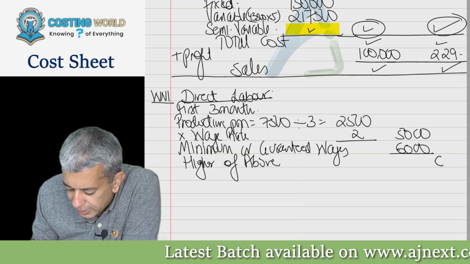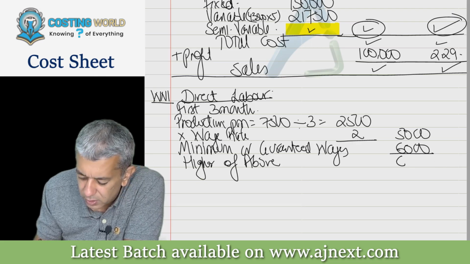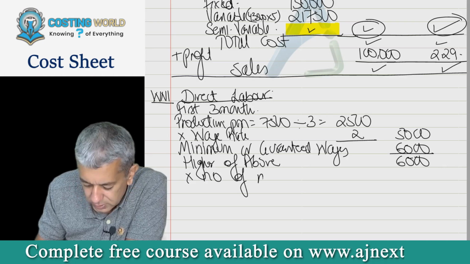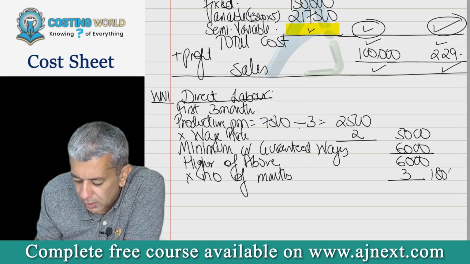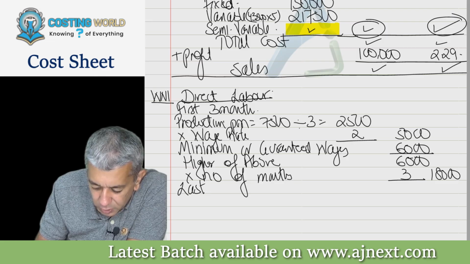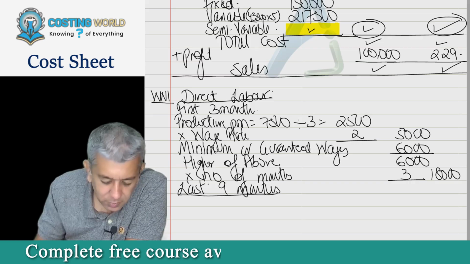Put that on extreme right hand side. No, put that in the inner column only. Into, write down number of months. 3, 18,000. Please exactly do the same thing for the last 9 months. Obviously numbers are going to be different. Please start.